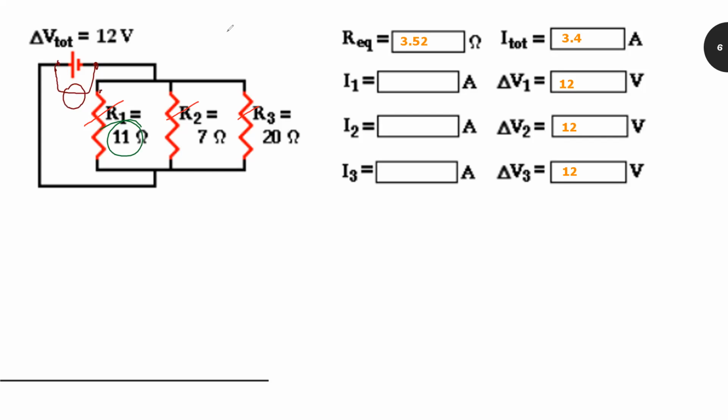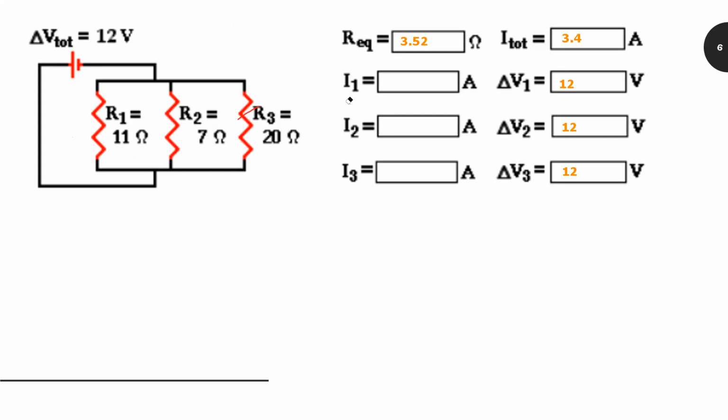If you put the same voltmeter at this resistance, you will find it's 12. If you put it at this resistance, you will find it's 12, and so on. So if you need to measure the voltage in any resistance, you will find it is 12, the same voltage as the circuit.